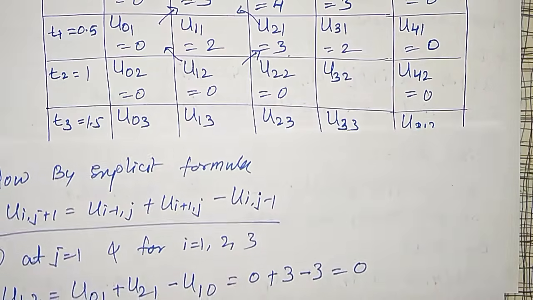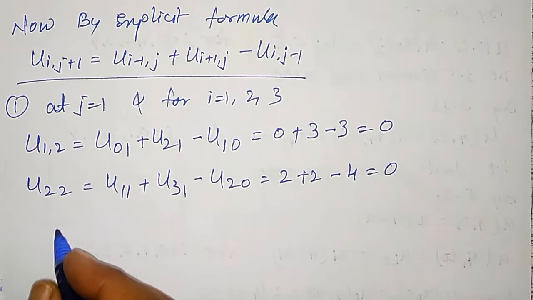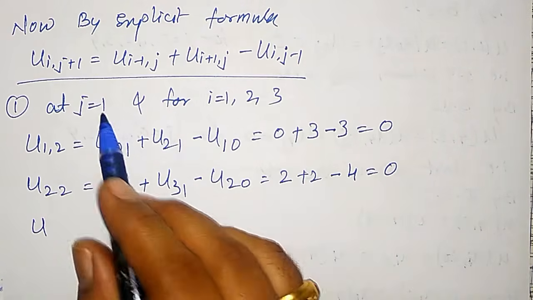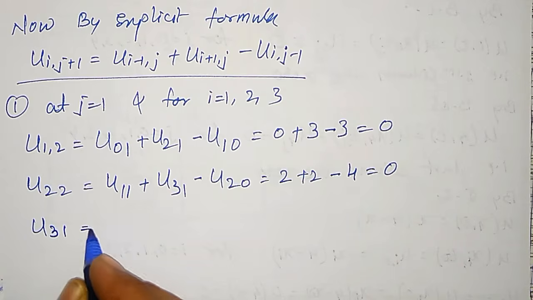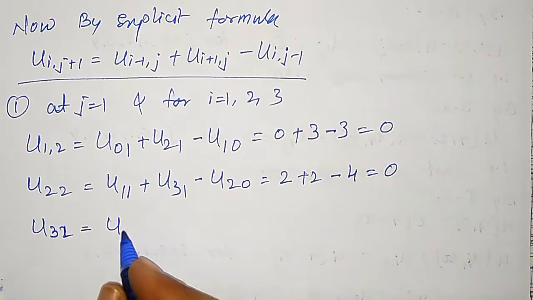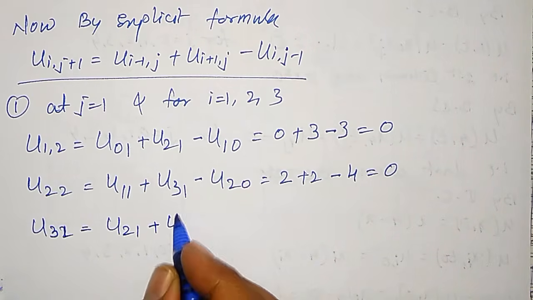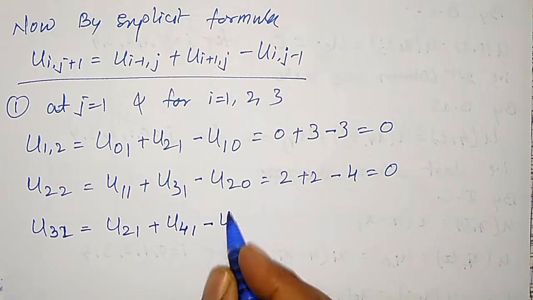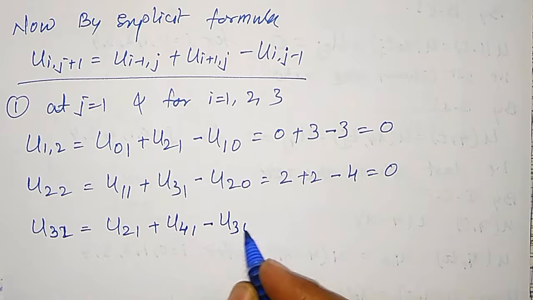Next, to find out u32, I will use I equal to 3 and j equal to 1, that is u32 equal to I equal to 3 means 3 minus 1, 2, and j equal to 1, plus u I equal to 3 plus 1, 4, and j equal to 1, minus u of 3 comma 0.